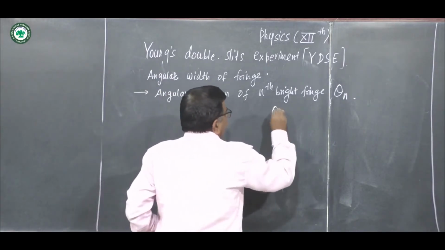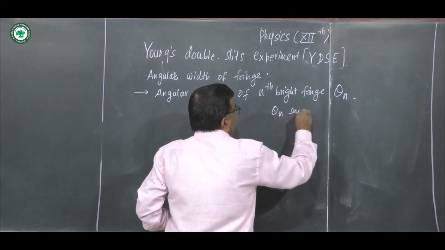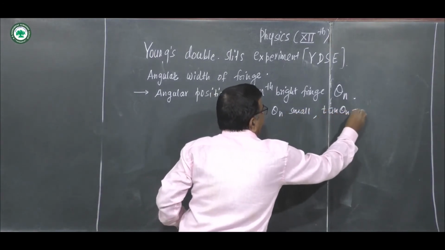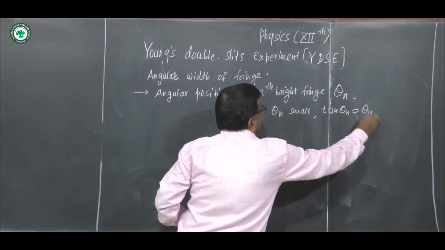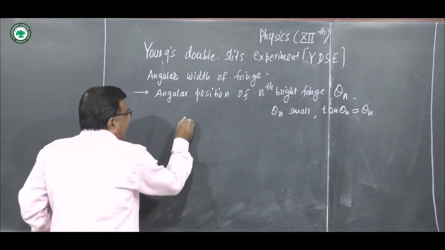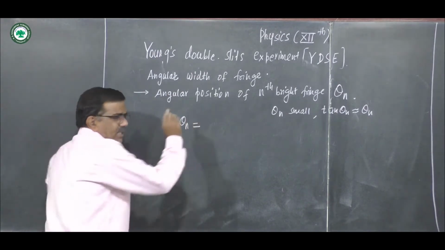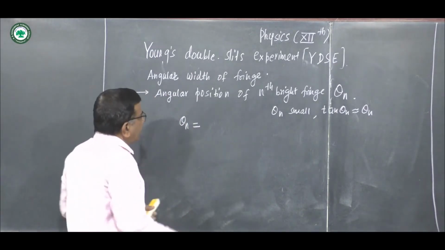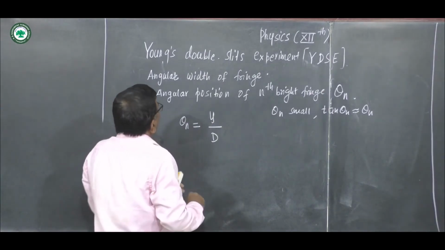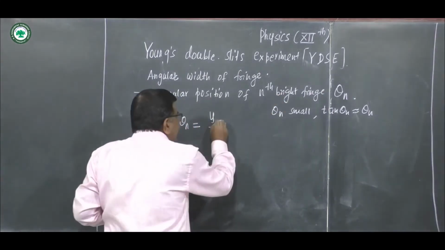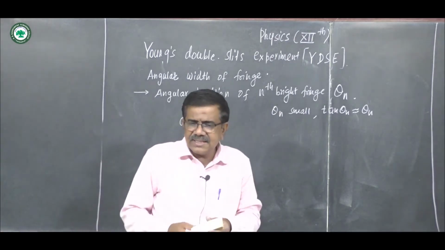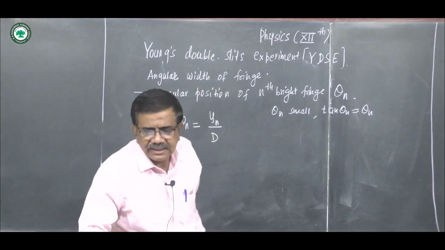If theta n is small, then tan theta n we write only as theta n. And from that figure, theta n is yn upon d. Theta, we know, is y upon d. For the nth bright fringe, we write that distance as yn. Theta n is yn upon d.